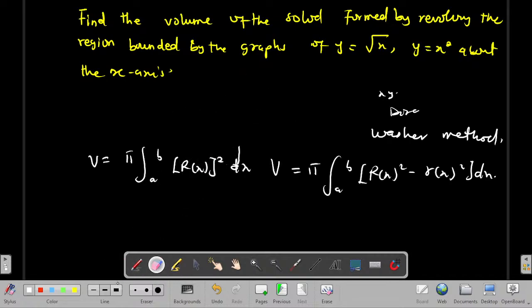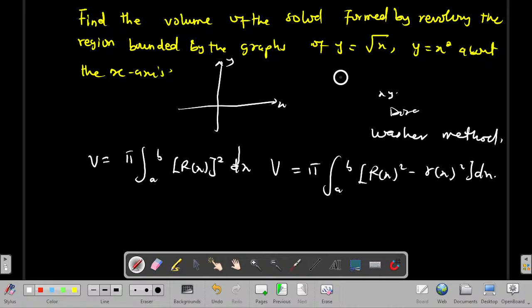Don't just use your eyes; that's why you have done calculus. So I draw my xy plane. I have y equal to square root of x. For me to graph this, I need the limits where it starts and where it ends. The second thing I need is the critical point, whether it is a maximum.